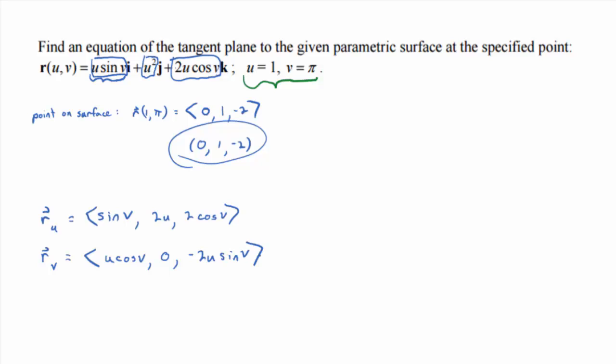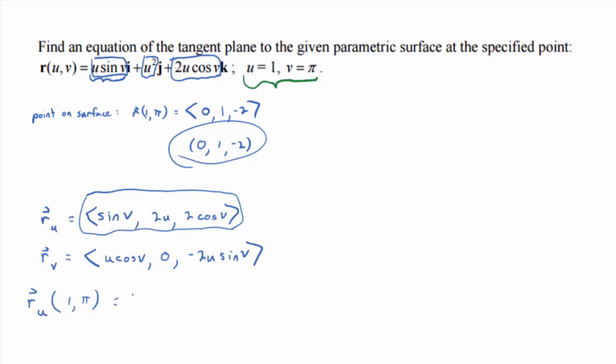Now, you could take RU cross RV as is. Wouldn't it be easier to plug in U equals 1 and V equals pi first and get numerical values for those components? Yes, it definitely would. So if we take the derivative of R with respect to U evaluated at U equals 1 and V equals pi, what does this become?